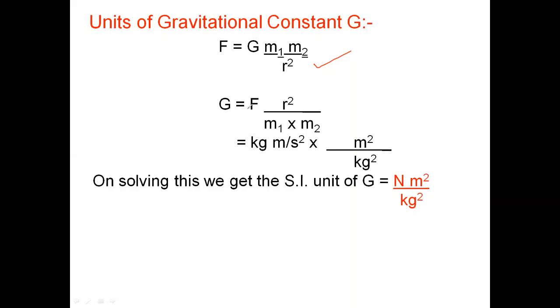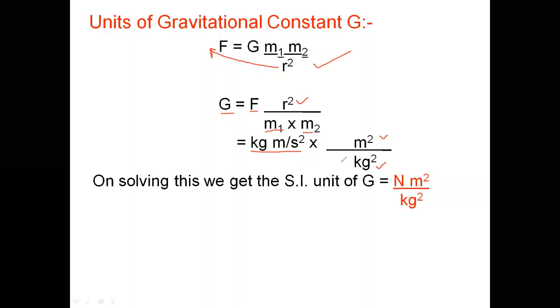Now, r square goes to the other side by cross multiplication, so G is equal to F r square by m1 m2. The unit of force is kg meter per second square. The unit of length is meter square, and m1 and m2 are also masses, so here we write kg square.